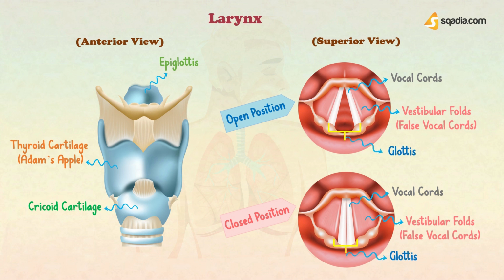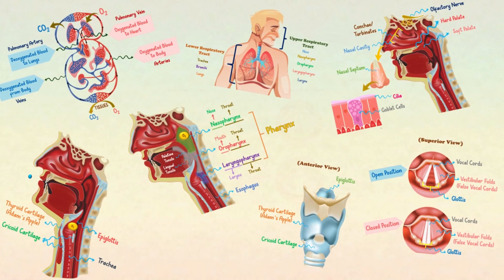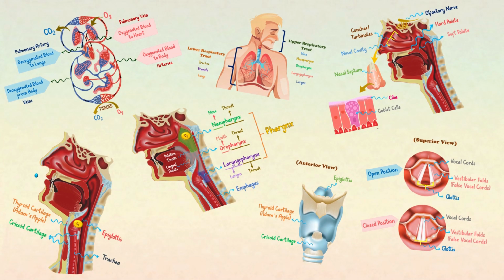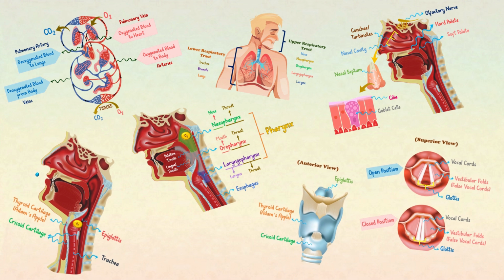So here we came to an end to the upper respiratory tract, where we got an overview of the relation of respiratory and cardiovascular or circulatory system. Then we discussed different parts of the upper respiratory tract, how air enters the nasal cavity, making its way through the pharynx or throat, comprising of three parts: nasopharynx, oropharynx, and the laryngopharynx.